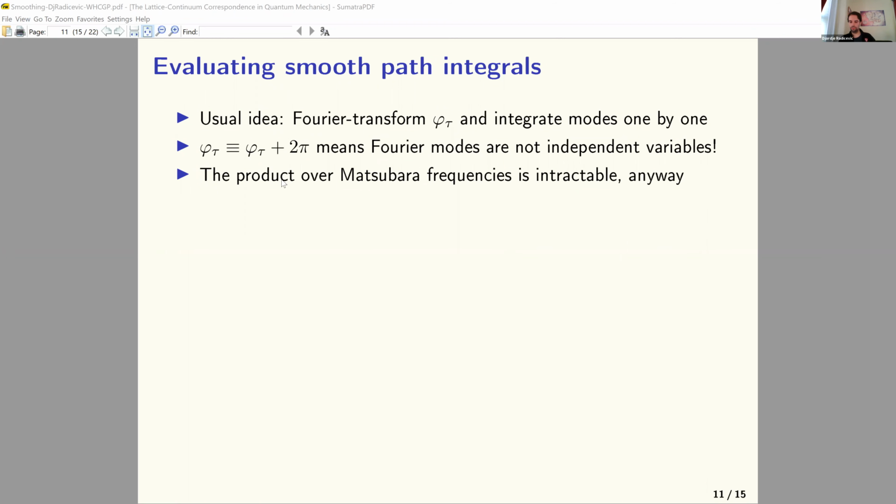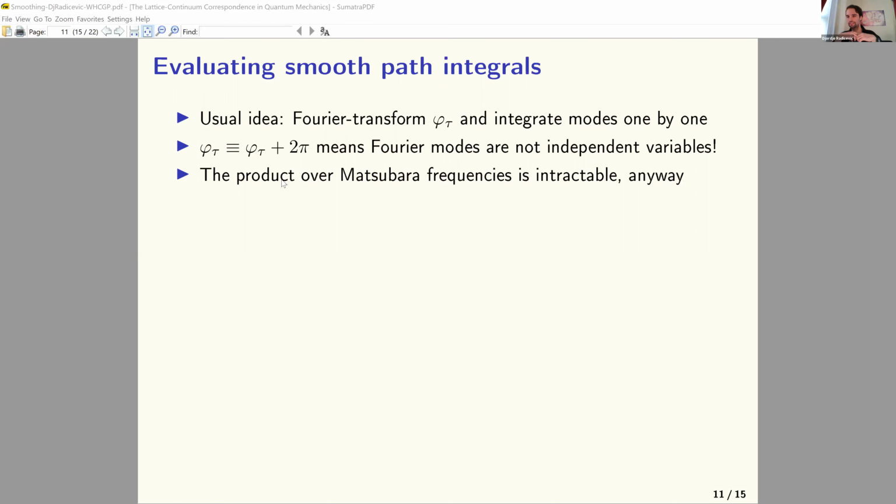And then you want to go ahead and evaluate these integrals, because that's what we are taught to do, and that's really how we can solve many theories. So the standard idea is to just Fourier transform, of course, and integrate these modes one by one. Now the obvious problem is that because the field is compact at each time, the Fourier modes will not be independent variables.